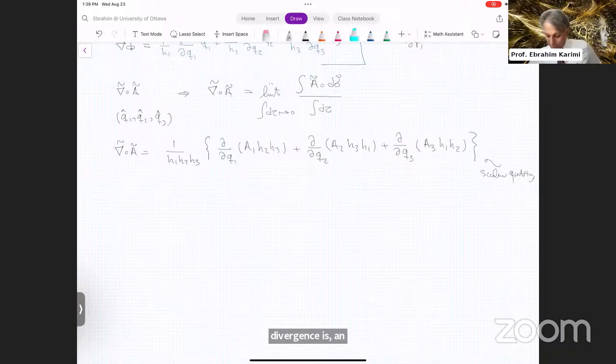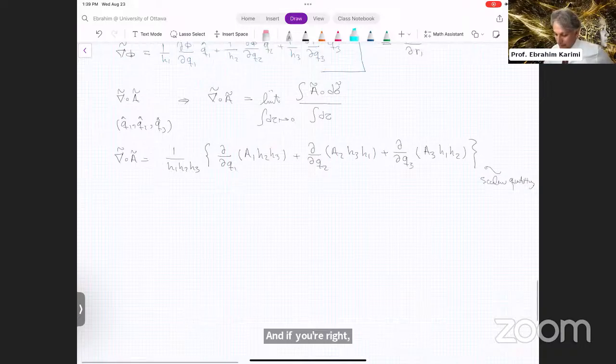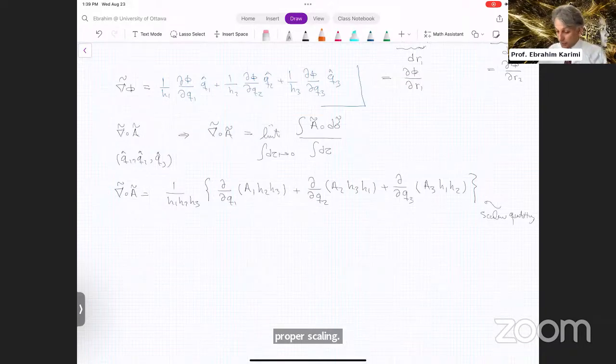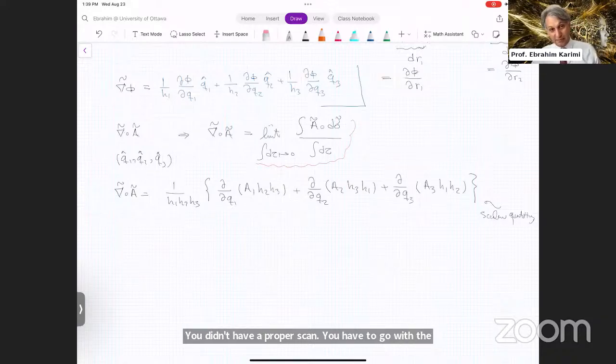And if you write it simply as the gradient that we had here, dotted with A, you don't have a proper scaling. You have to go with the definition because it should have a meaning in physics, and the meaning was a flux. So you have to really go with that definition because the integral on the surface plays a role.